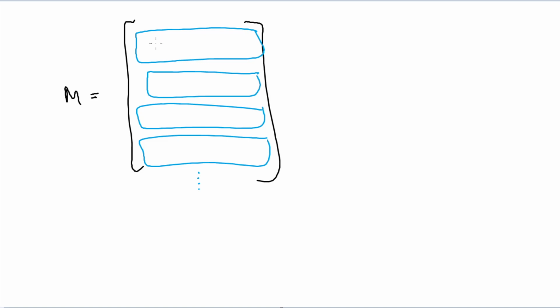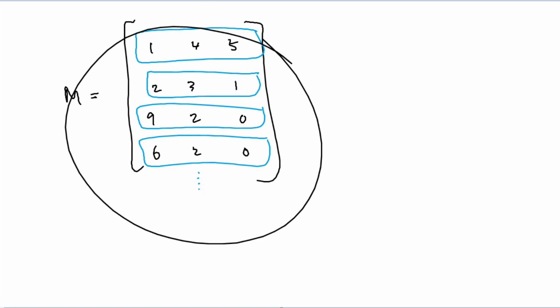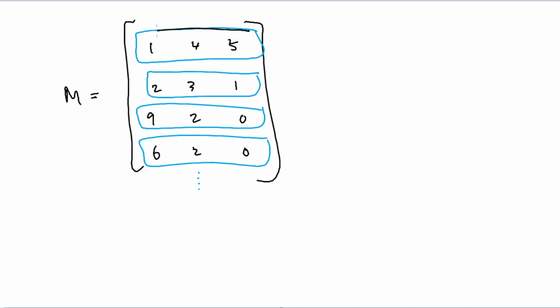So what do I mean by that? Let's say you have 1, 4, 5, and then 2, 3, 1, and then you have 9, 2, 0, and then let's say 6, 2, and 0, and so on for whatever number of rows. Let's say this is your matrix, and we can write the rows as individual bra vectors.